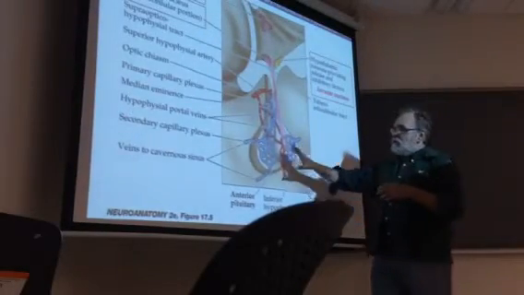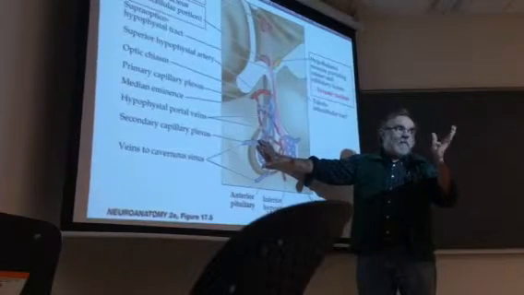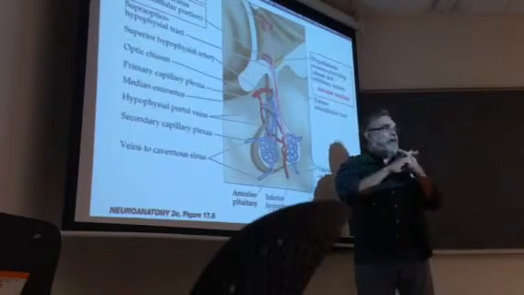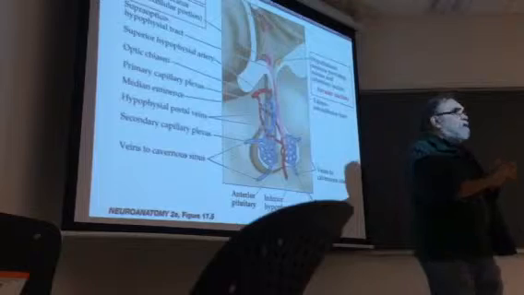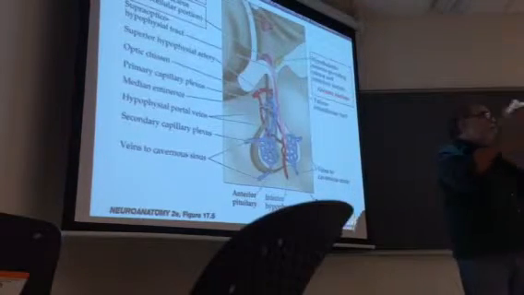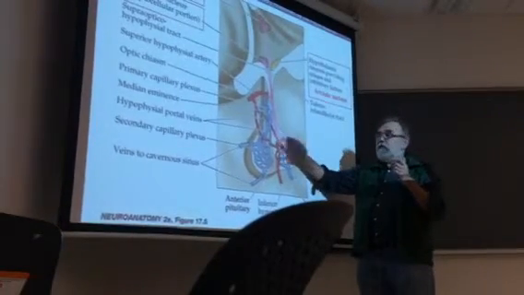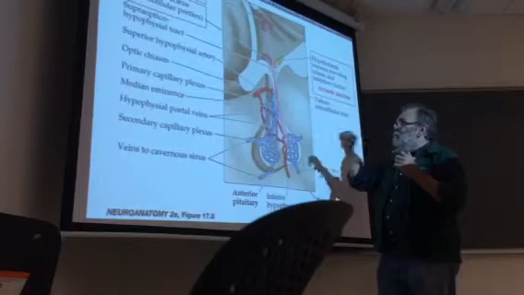The only way you get signaling to the anterior pituitary or the adenohypophysis, those two names, I keep trying to use them together because you'll see one or the other in numerous publications. Same thing here, posterior pituitary, neurohypophysis.